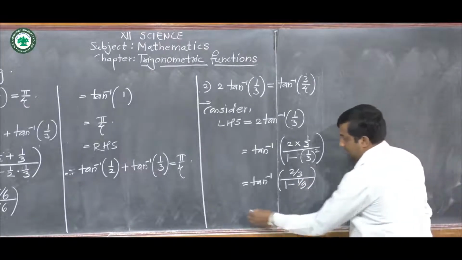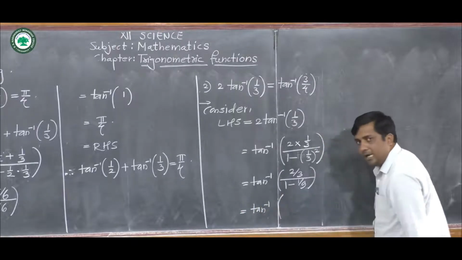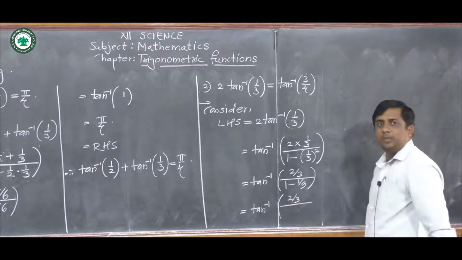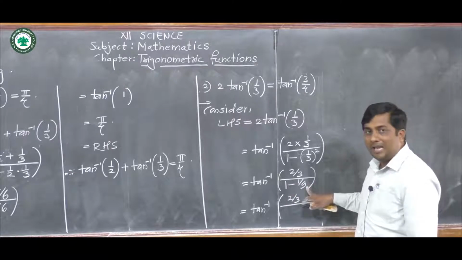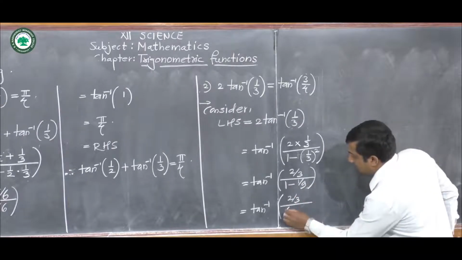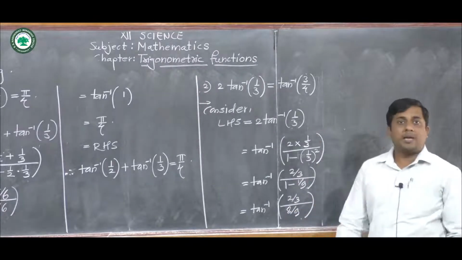Then this is equal to tan inverse of, in the numerator 2 upon 3, and in the denominator 1 minus 1 upon 9, which is 8 by 9.